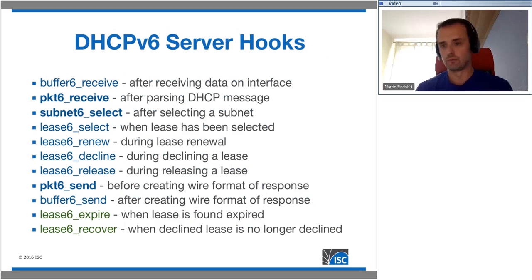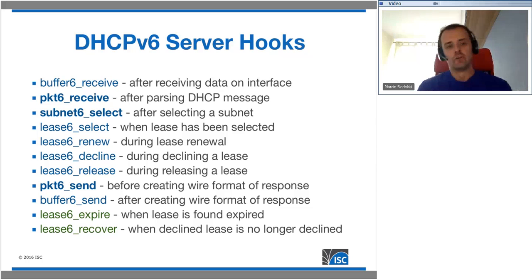That doesn't mean that we don't have hook points and callouts for the DHCPv4 server. We do, but we don't present them. In this presentation, I'm going to just focus on DHCPv6 callouts, and I think it's enough, right? Because v4 hook points and callouts will look pretty much the same, and they would even have similar names.